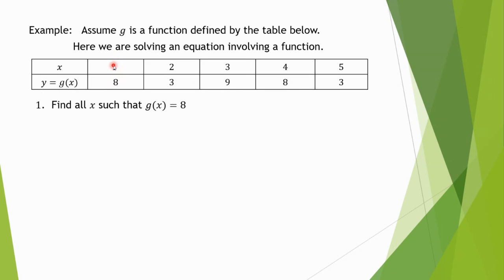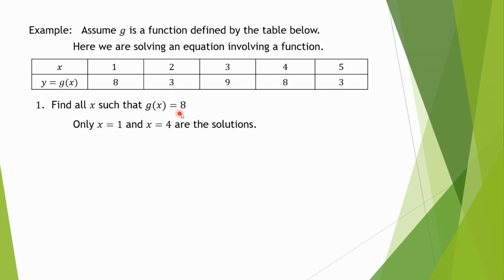But is that the only one? Well, no. And how do I know that? Because we see 8 also over here. And 4 gives us 8 as well. So there's two solutions. When x is 1 and x is 4, g of x is 8.